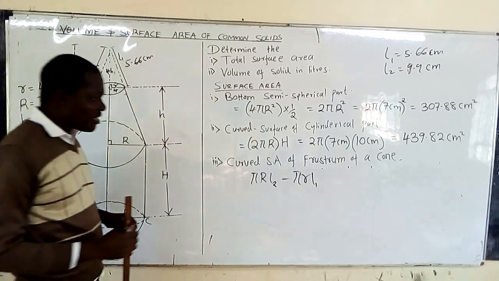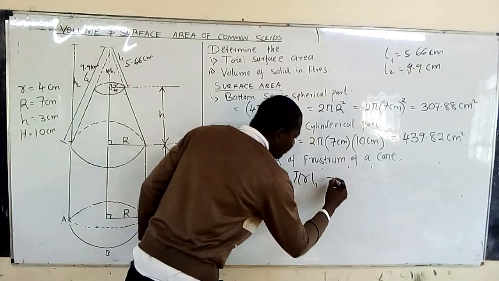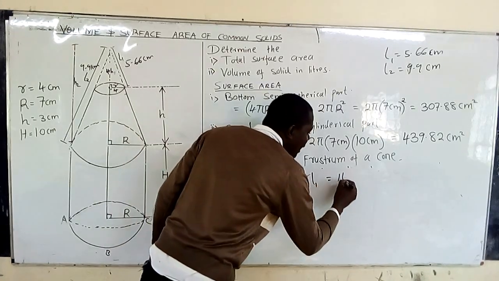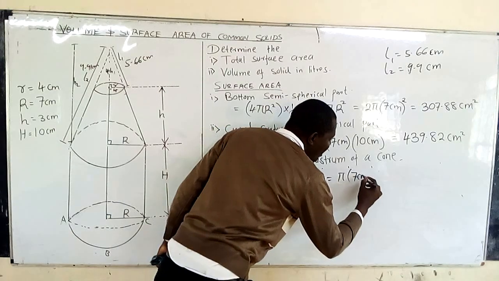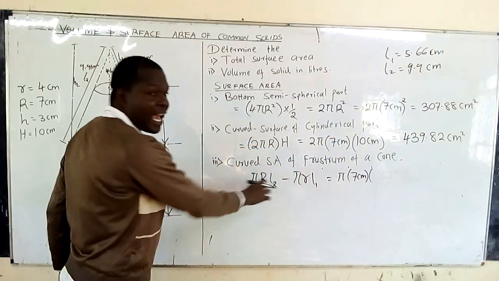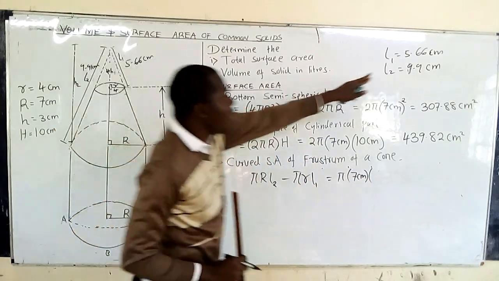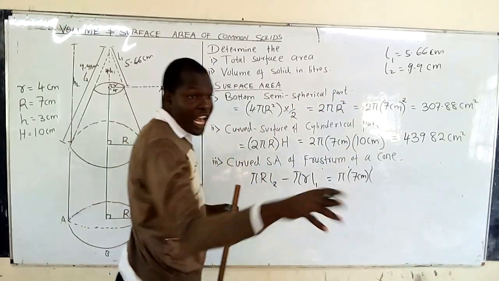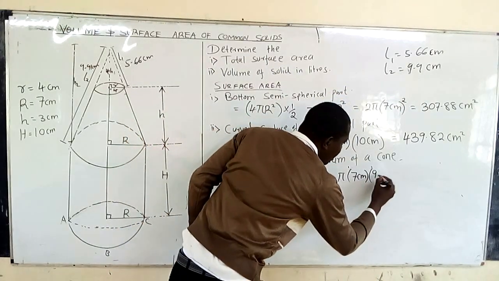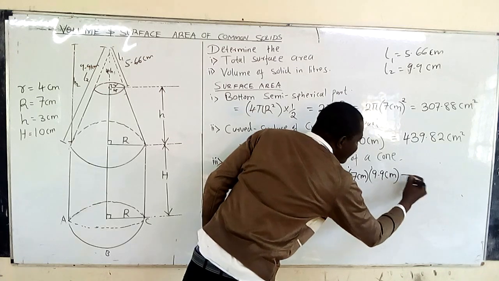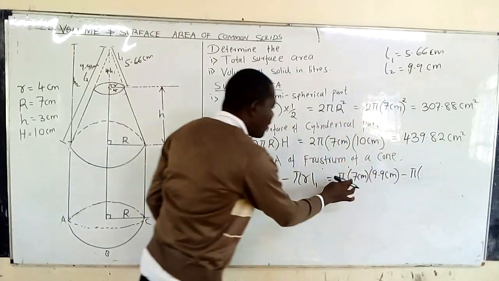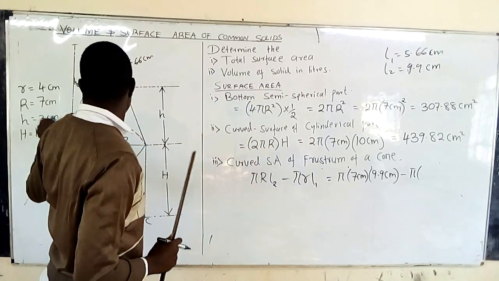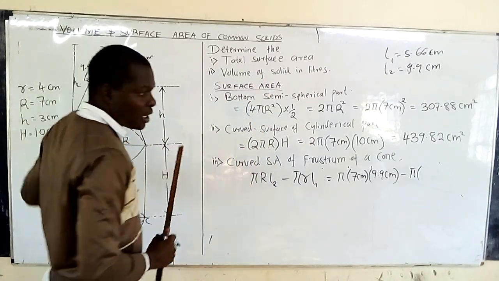So if you work this out, gentlemen, what do you have? This is pi, then big R you were told is 7 centimeters. Then L2, you found L2 to be 9.9 centimeters, isn't it? Then it is minus pi rL again. Pi times the small r you were told is 4 centimeters, isn't it?